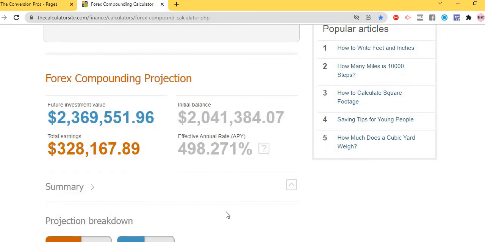My Lord, ladies and gentlemen, $2,369,551.96. But look at your working capital.